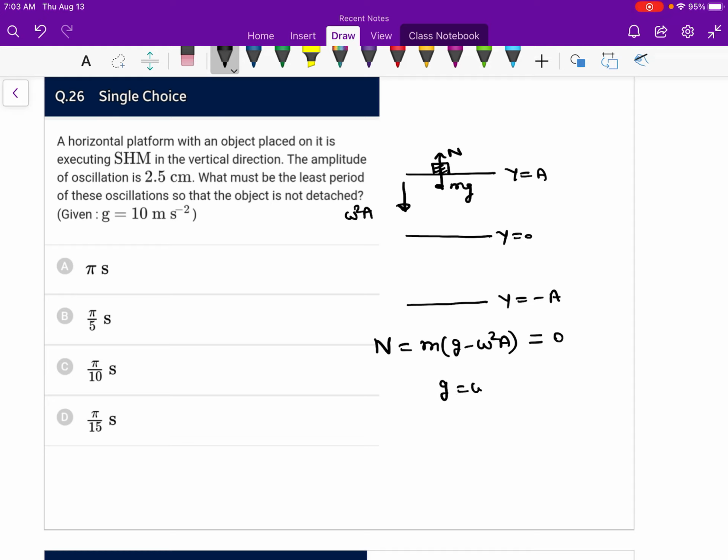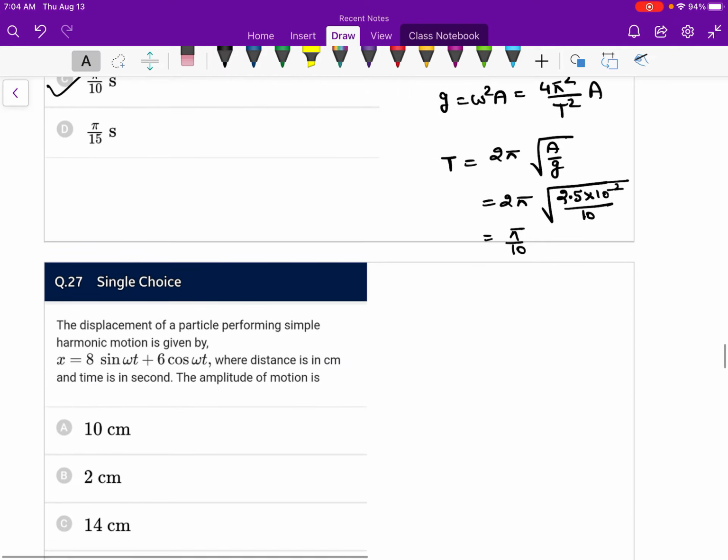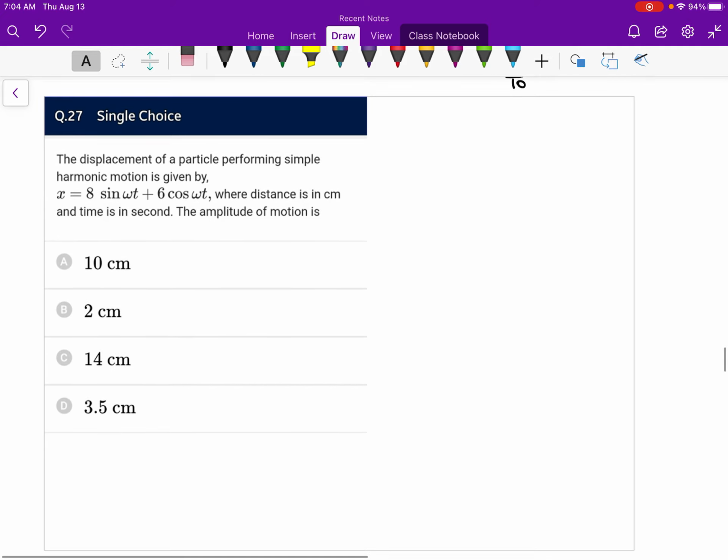So g is equal to omega square A, which is 4 pi square upon T square times A. So T is 2 pi under root A by g. A is 2.5 centimeter, so 2.5 into 10 to the power minus 2, and g is 10. So that is pi by 10 seconds.